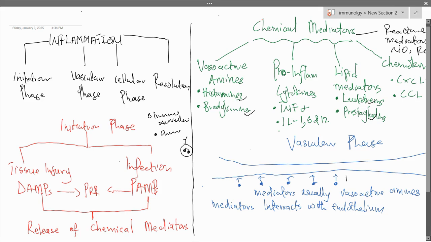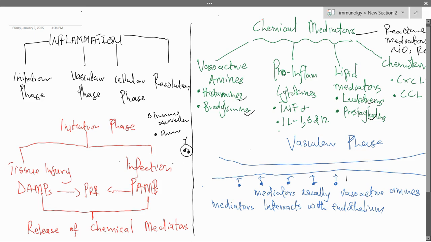The immune cells are constantly moving in the bloodstream. And this movement is mostly stimulated by what we call chemotaxis. So chemotaxis allows the immune cells to move within the blood vessels so that they can find pathogens or damaged cells.